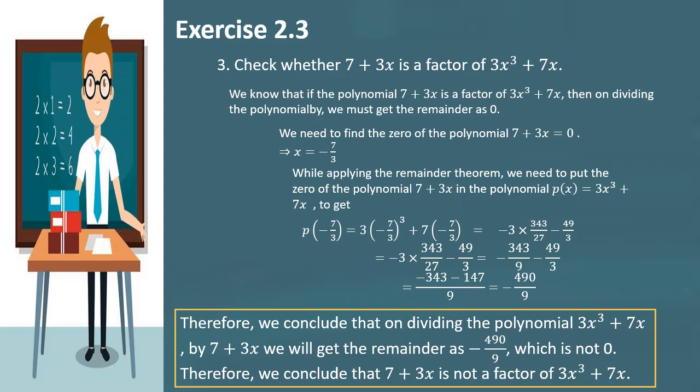Therefore, we conclude that 7 + 3x is not a factor of this polynomial.